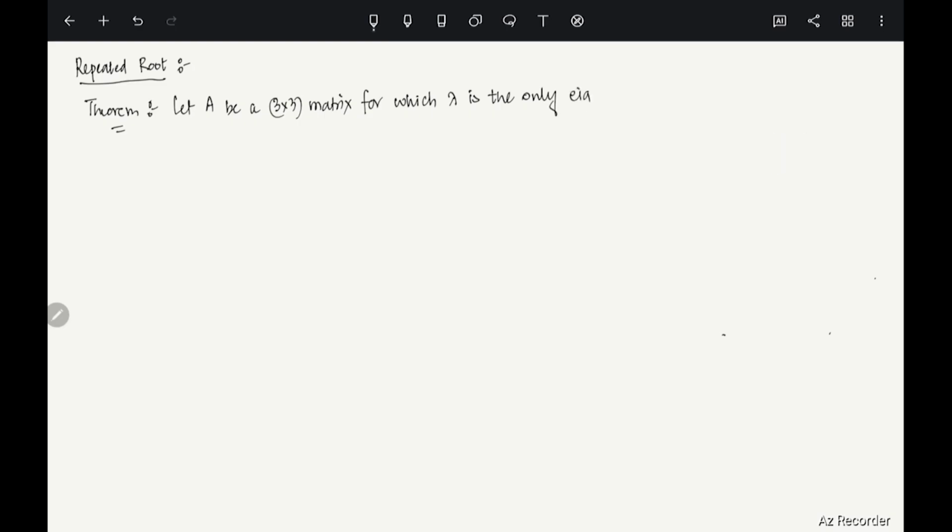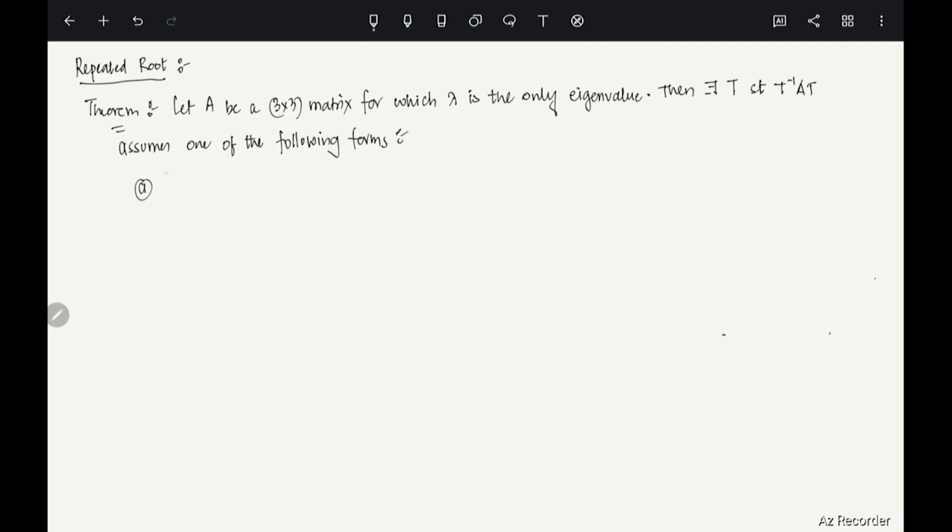Then there exists a transformation T, a change of variable coordinates, such that T inverse A T assumes one of the following forms. So what are the forms?